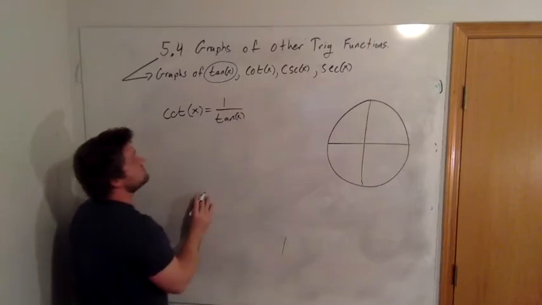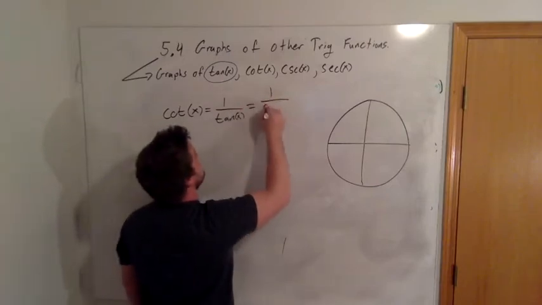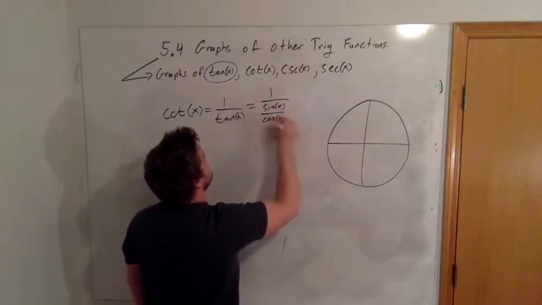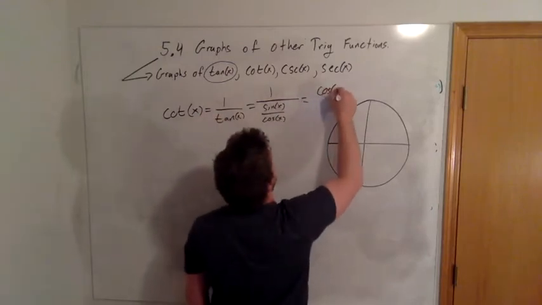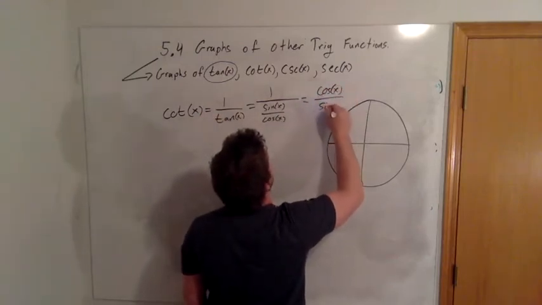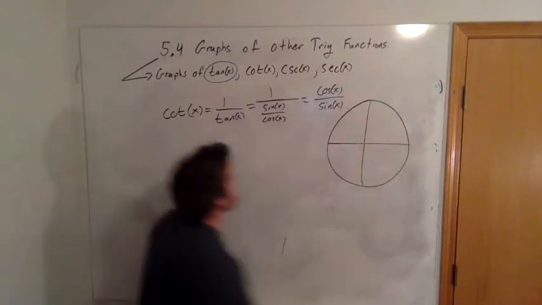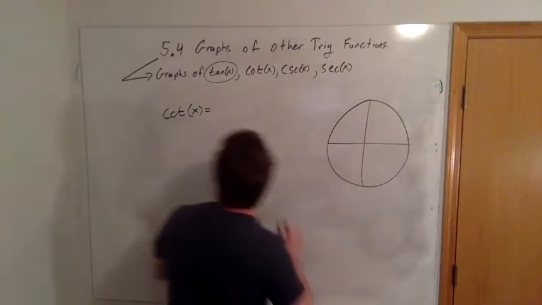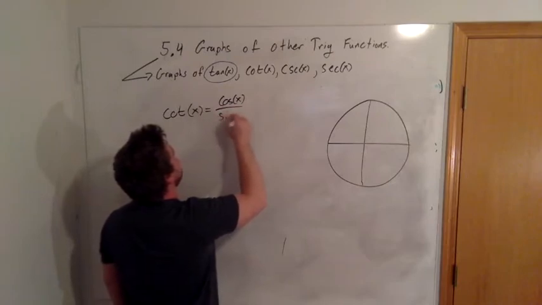So if tangent was sine over cosine, then cotangent is cosine over sine. So that's a good thing to remember. Cotangent is cosine of x over sine of x.